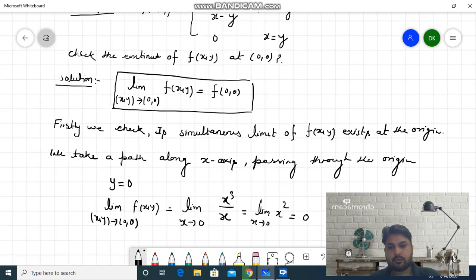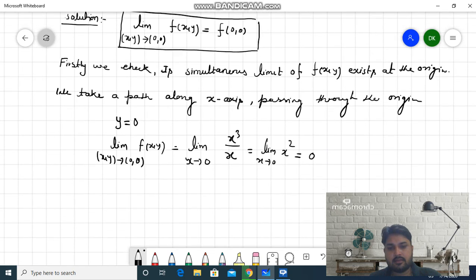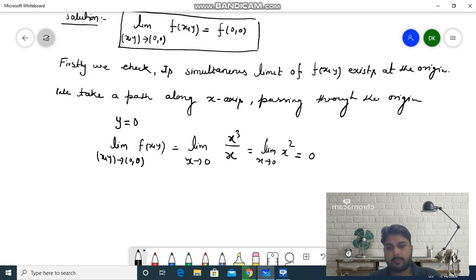So along the x-axis the limit of the function is 0.